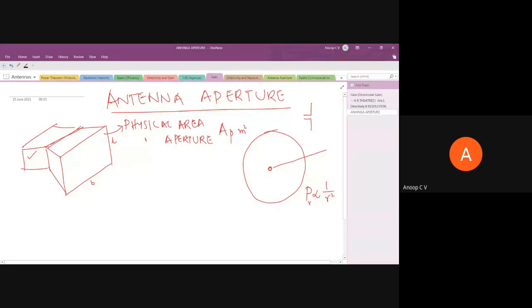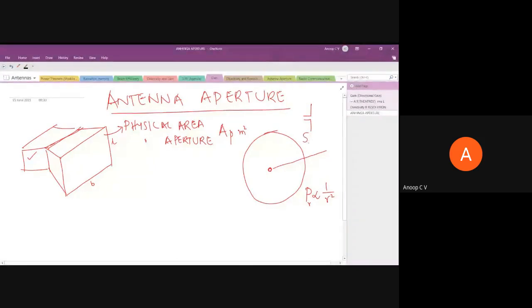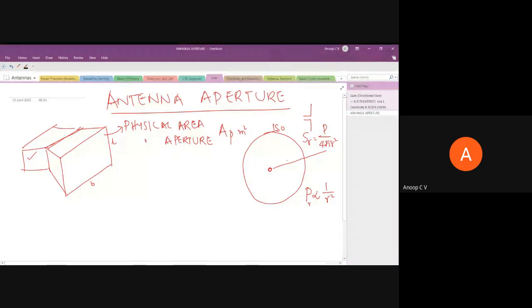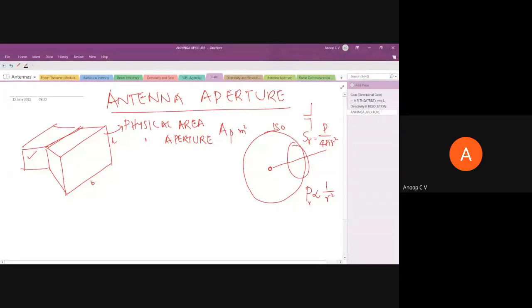So at any given point R, power per unit area, or power density S, will be P by 4 pi R square for an isotropic radiator. That is, power is decaying as 1 by R square, or the power is spread across more and more area as we increase distance from the antenna.